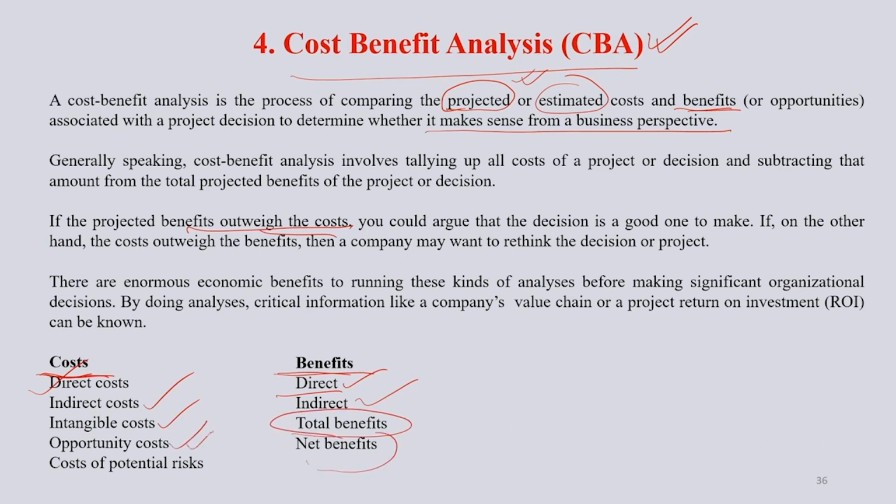If you have opportunity costs, costs of potential risks are also associated. Now, this cost of potential risk we often neglect. So, EIA helps you to get to know what are the potential risks associated with a particular decision or a particular project that you are going to take.